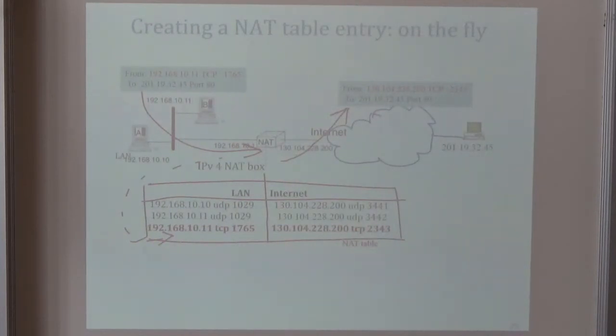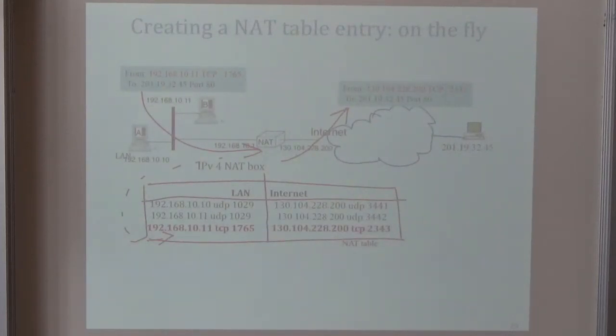If it is in the table, you use the table to match. If it is not in the table, you create a new entry, which means finding a new available TCP port number in that case, and keeping it in the table. So when this entry is created, we will see that the packet will appear to be coming from port 2343 and from this IP address as we saw before.